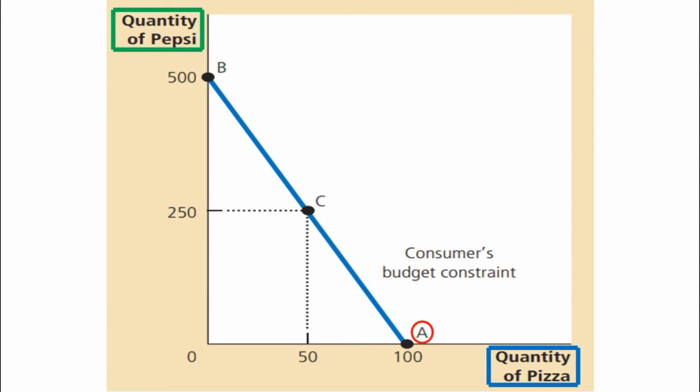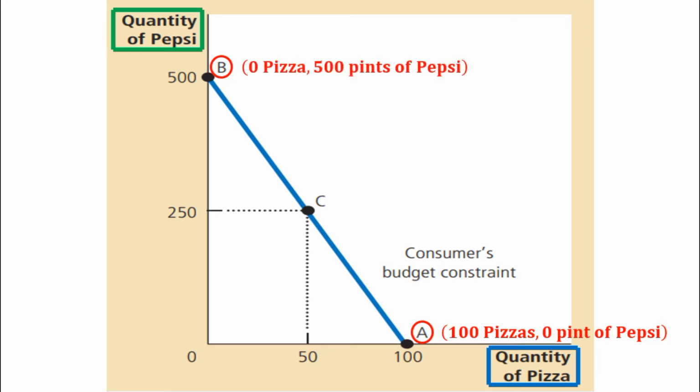At point A, the consumer buys 100 pizzas but no Pepsi. At point B, the consumer buys 500 pints of Pepsi but no pizza. At point C, the consumer buys 50 pizzas and 250 pints of Pepsi.